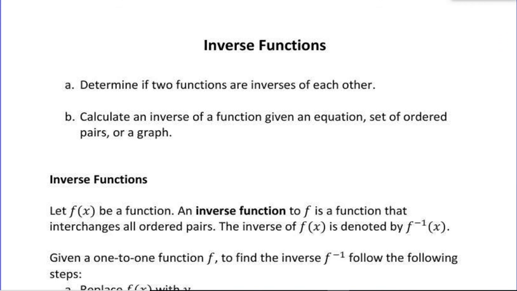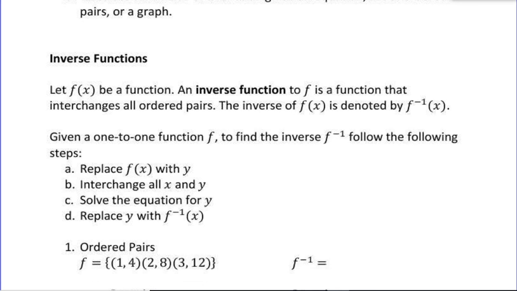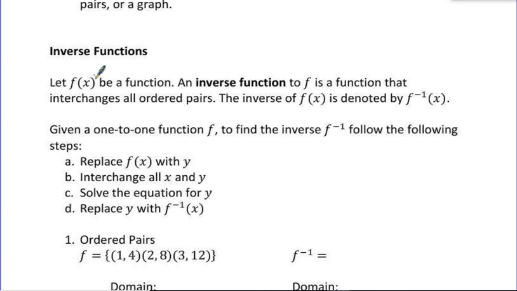An inverse function. We're going to let f of x be a function. That's your typical function notation. The inverse function to the function f interchanges all ordered pairs. So the x's become y's and the y's become x's.